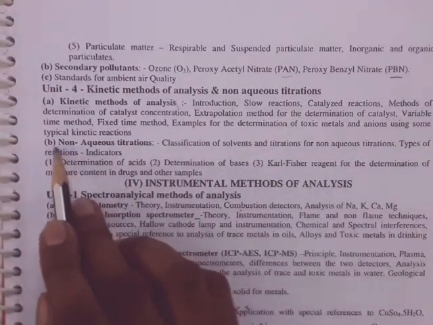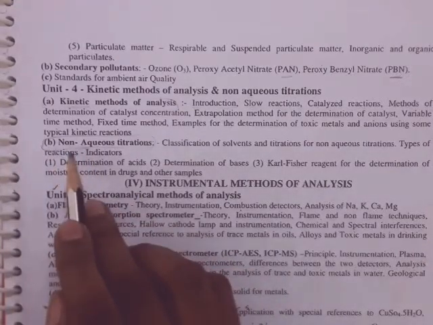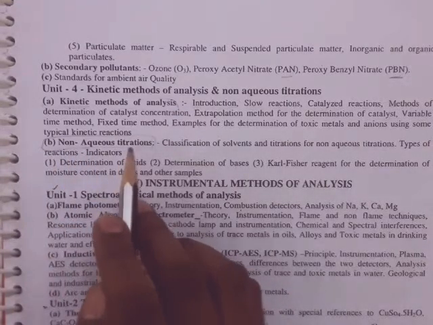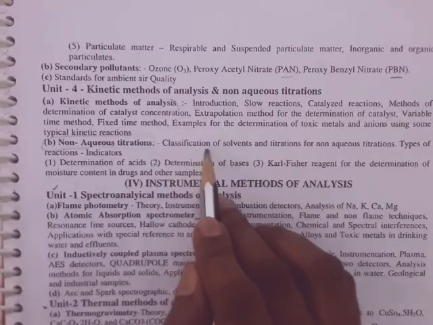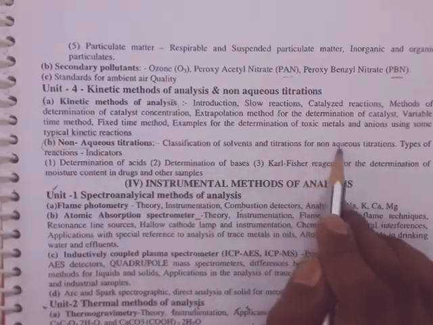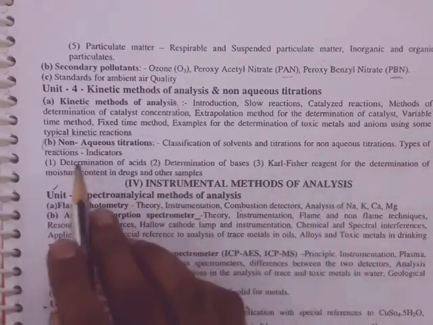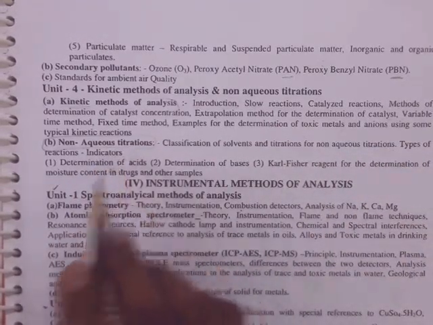And next part, that is the second part of this unit, is non-aqueous titrations. So first one, classification of solvents and titrations for non-aqueous titrations, types of reactions and indicators used.